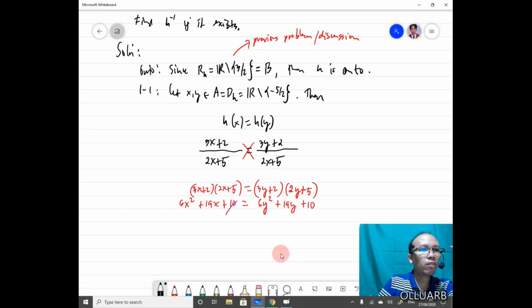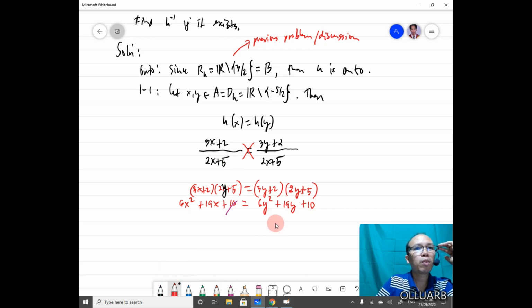So let's not erase that one. This must be y. Am I correct? Cross multiply. Let's use another color. Cross multiply 3x plus 2 and then 2y plus 5.